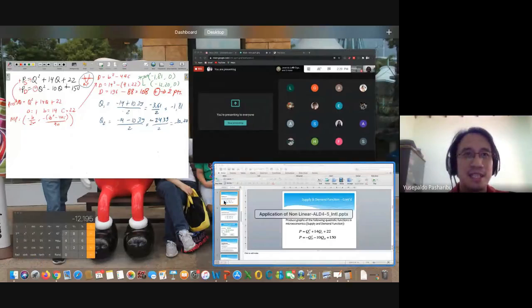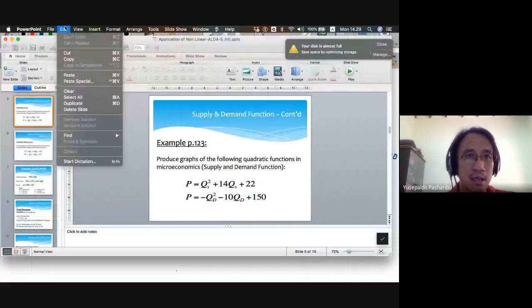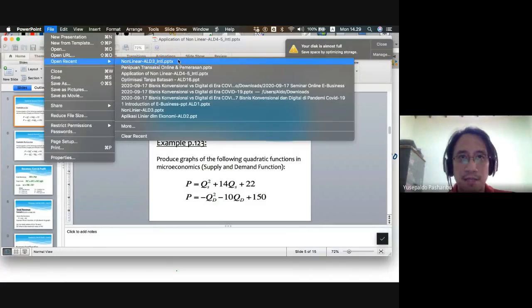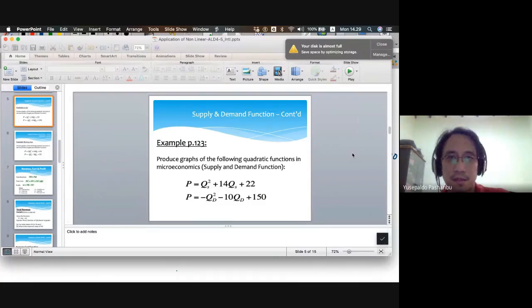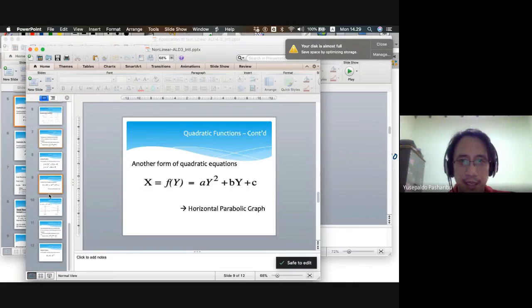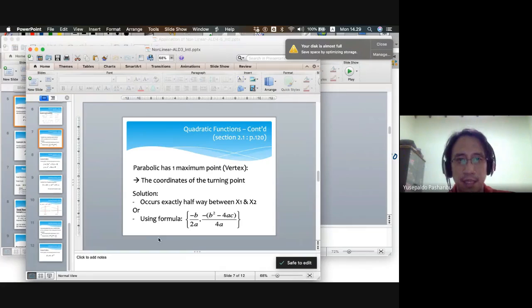Where is that? Maybe I just open the reference with this one, and use this point.